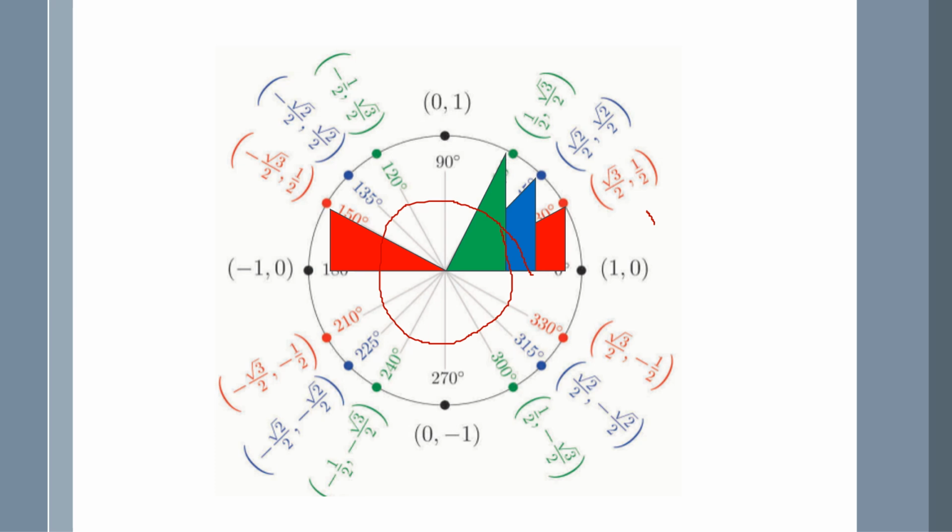All right. 45 degree triangles. This 135 is blue like my 45 degree. And then my 60 degree has my 120. 120 is the same color as 60.